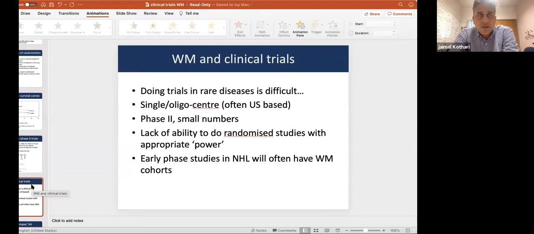and the data that you get from that kind of study is clearly very important, and it's often the way in which we first start to see what new drugs are available, and is it safe, number one, in WM patients, and how well does it work.